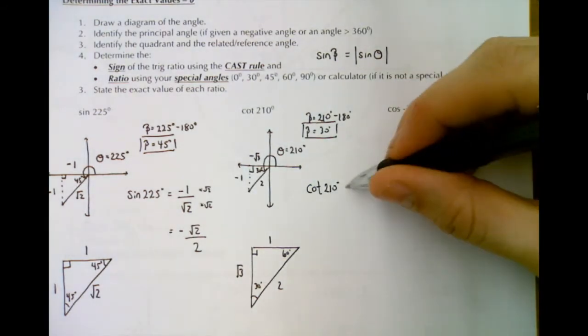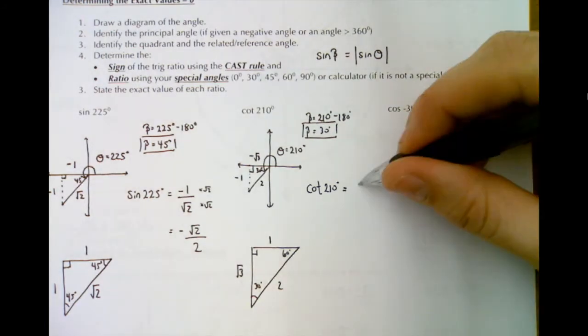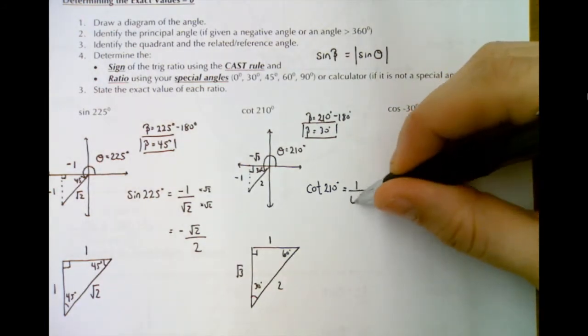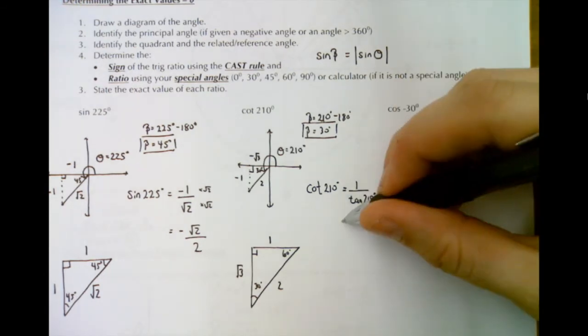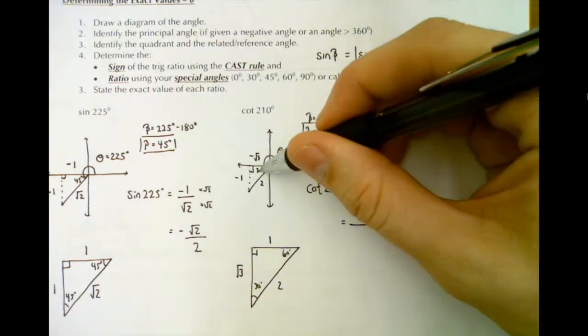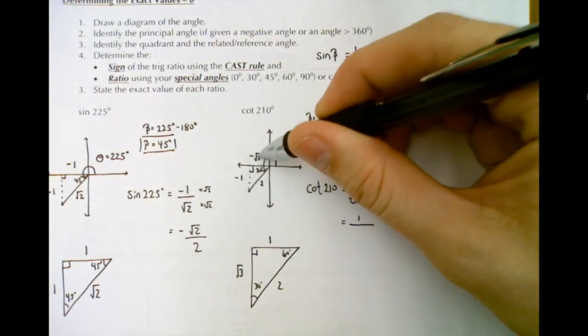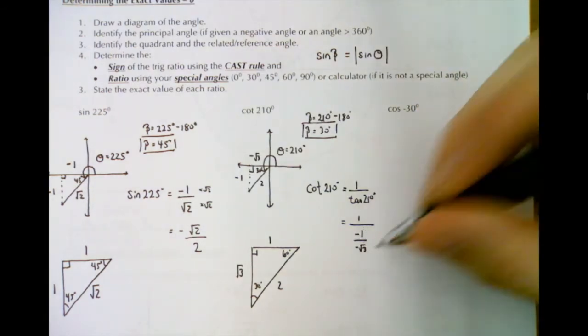Cotan 210 should be the same as 1 over tan 210, which would be 1 over opposite over adjacent. Negative 1 over negative root 3.